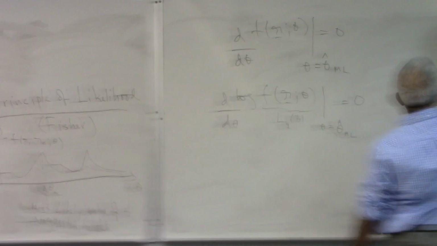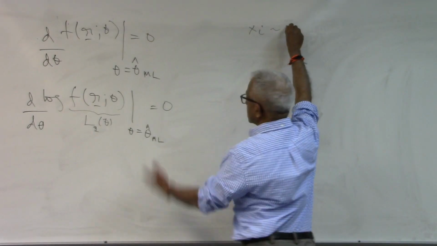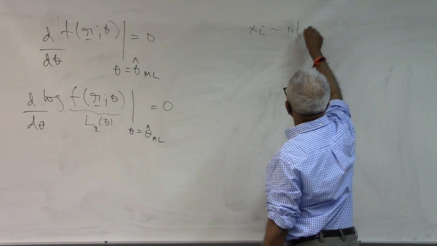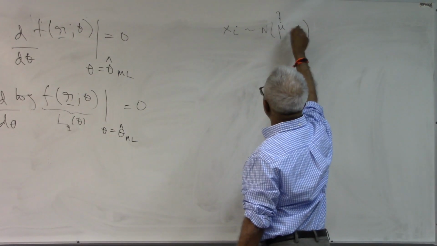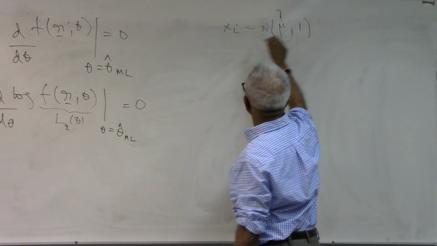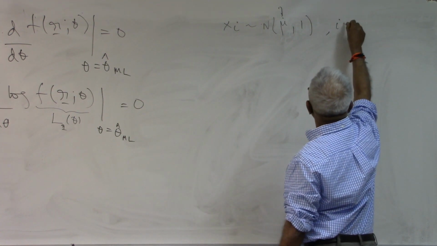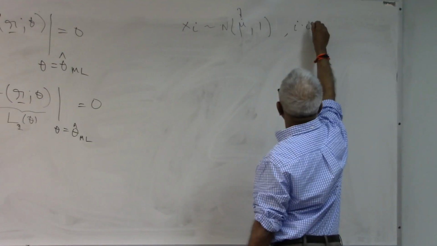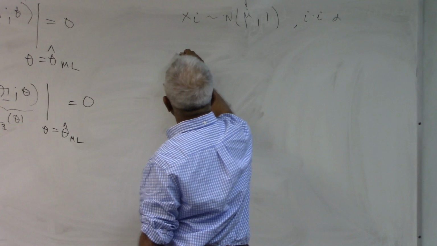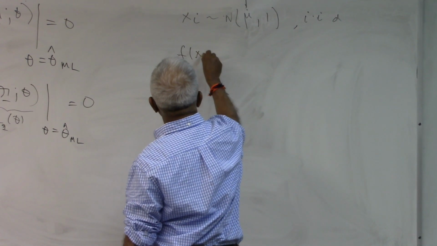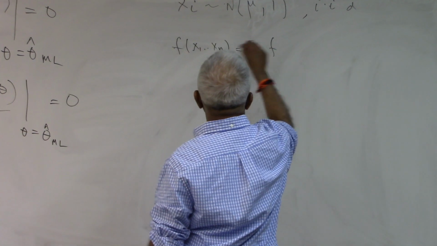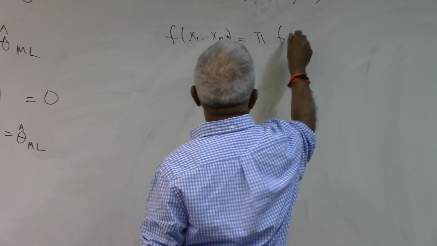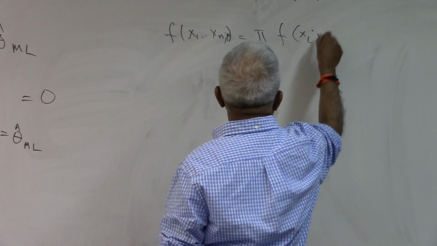So if the data x_i, or r_i, are Gaussian, and let's say the mean is unknown, and they are all independent and identically distributed, then the joint density function of x1 through xn is the product of the density functions f of x_i.